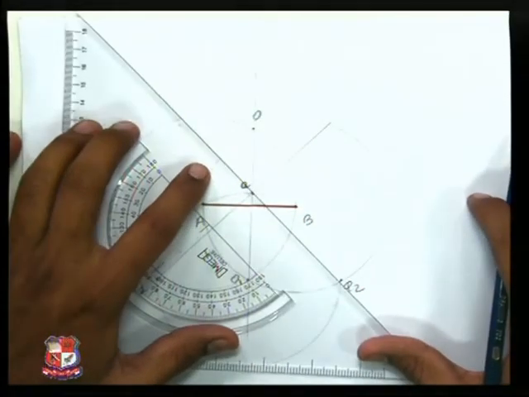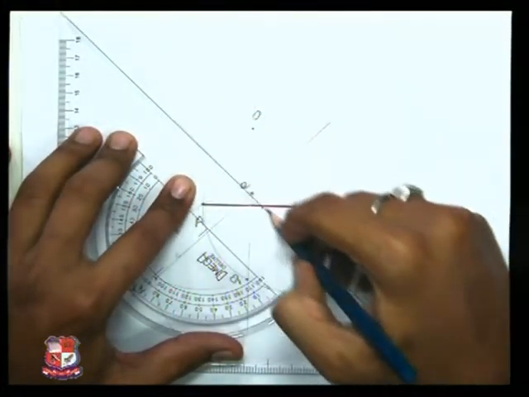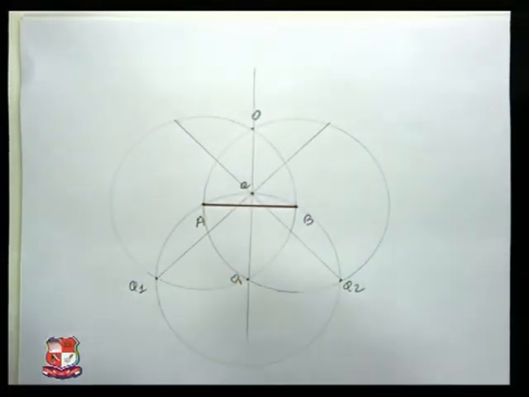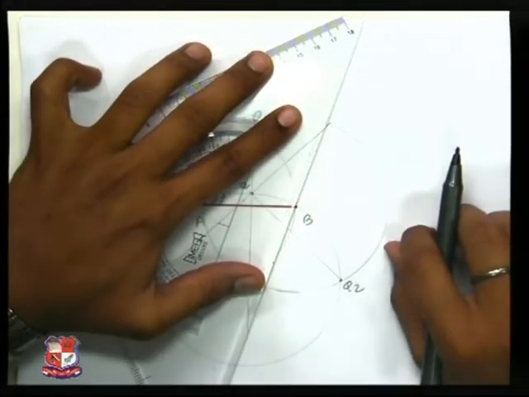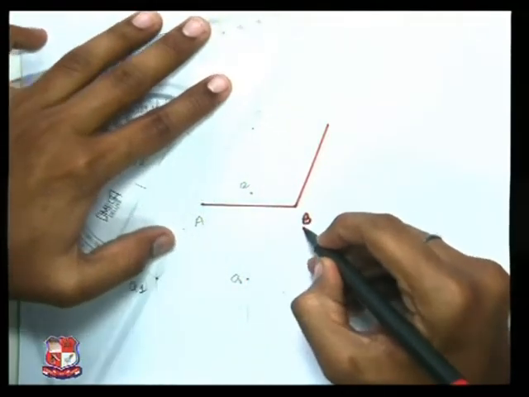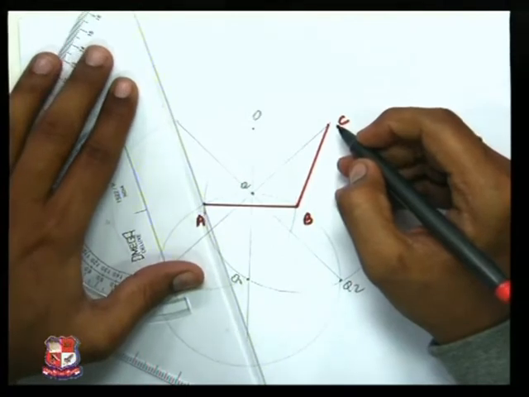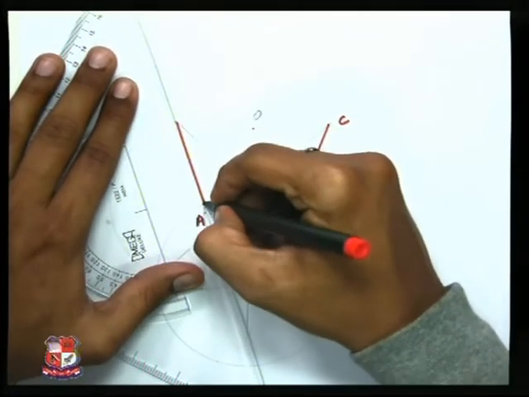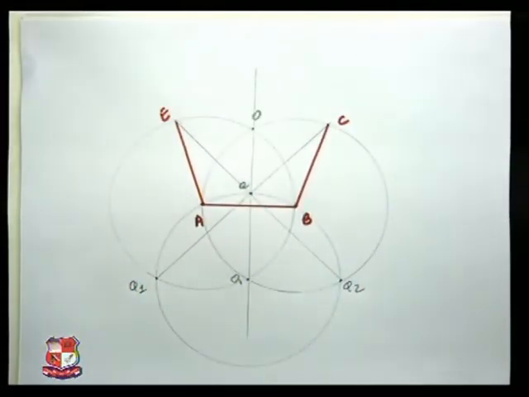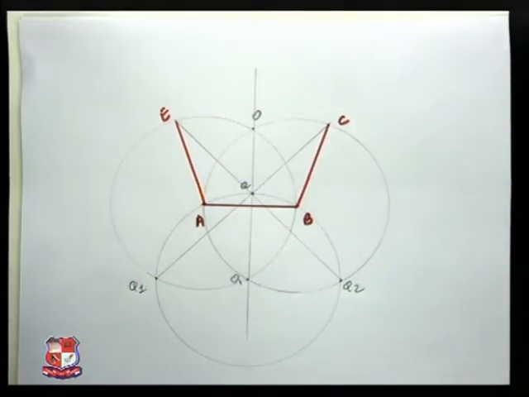Same way, join Q2 and extend it. Join B with this point; this is A, this is B, then this would be C. Join this with point E. We have got ABCE.